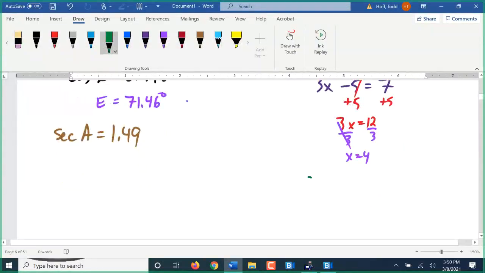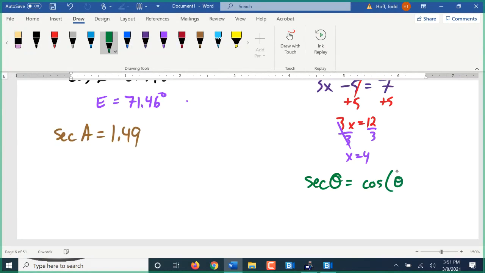Let's think, if I calculate the secant of an angle, let's say the secant of theta, the first thing I'm going to do is find the cosine of theta and then do that reciprocal key, right? Well, if I'm going backwards, I'm going to take my value here, the 1.49, do the reciprocal first, and then take the inverse cosine of that.